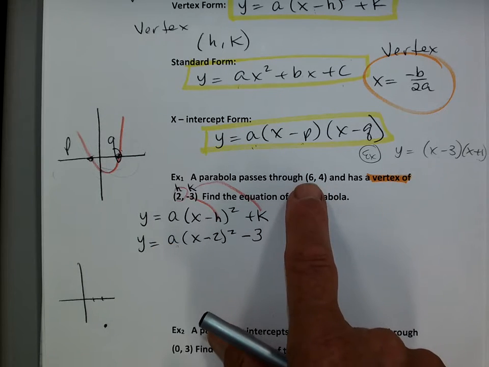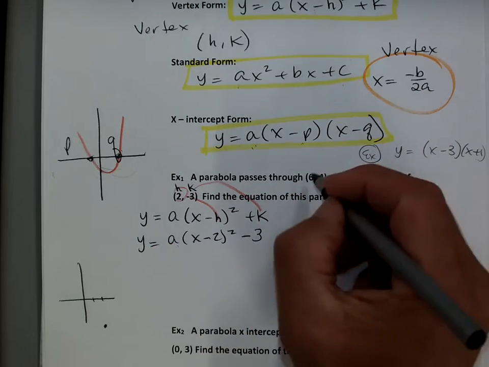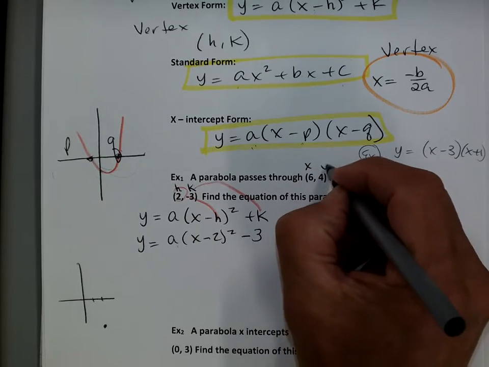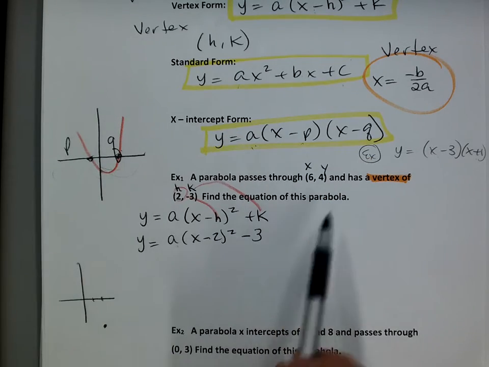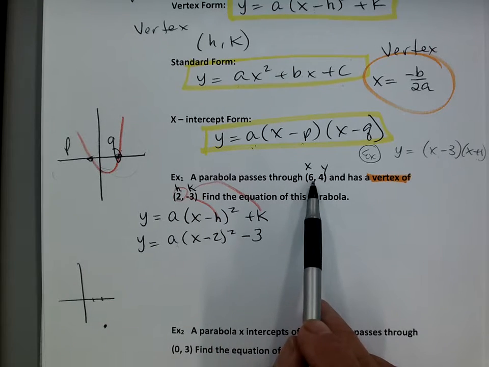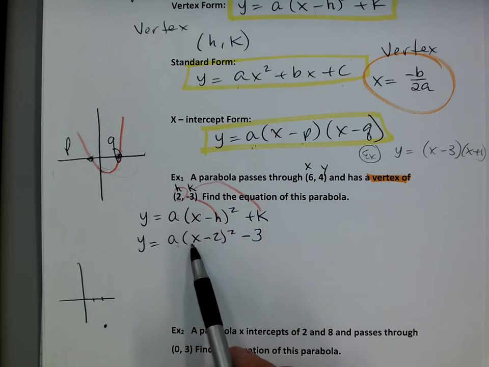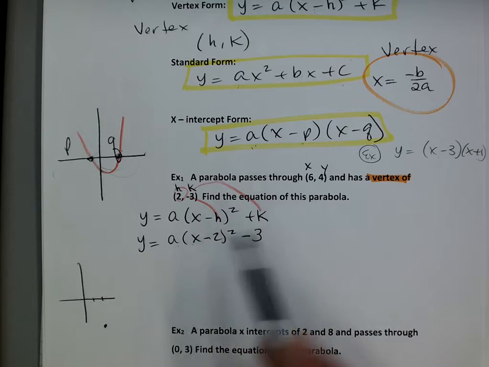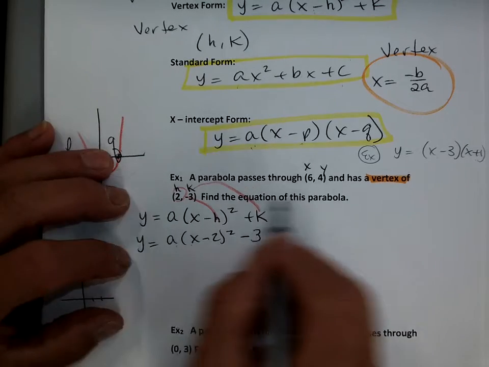This is a point, and every point has an x and a y value. I'll take the 4 and put it in for y, and I'll take the 6 and put it in for x, and I'll be able to solve for the value of a.